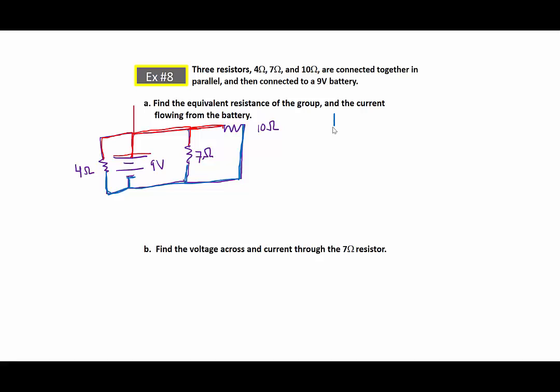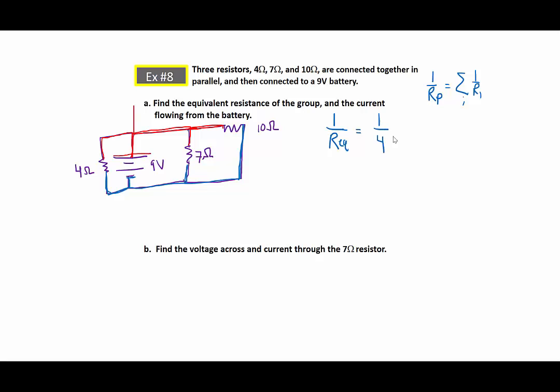Okay, so if I want to find the equivalent resistance, that's the total resistance coming from all the resistors together. To do that, I look at my little equation sheet. We're in parallel, so it's the sum of the individual reciprocals.